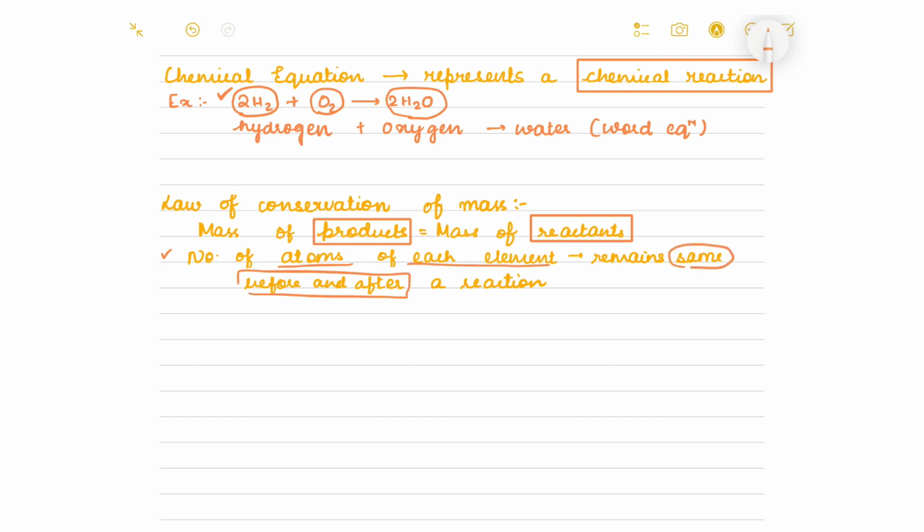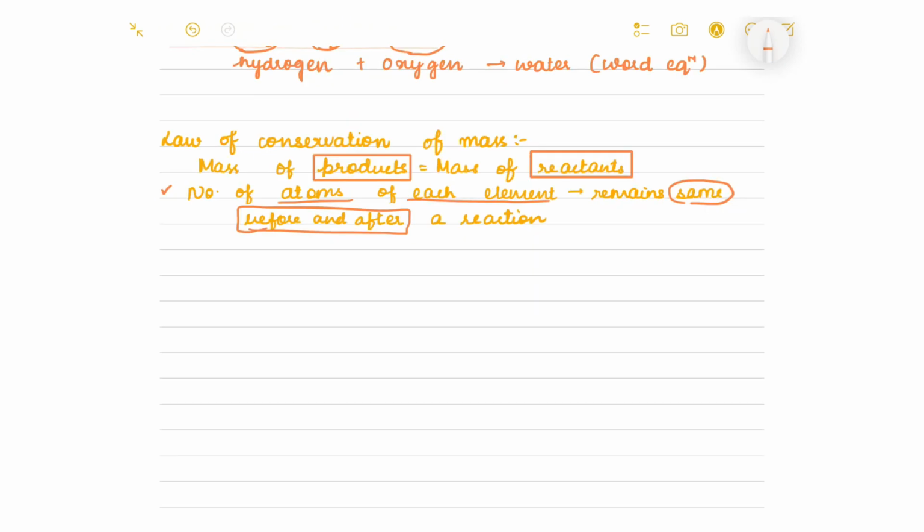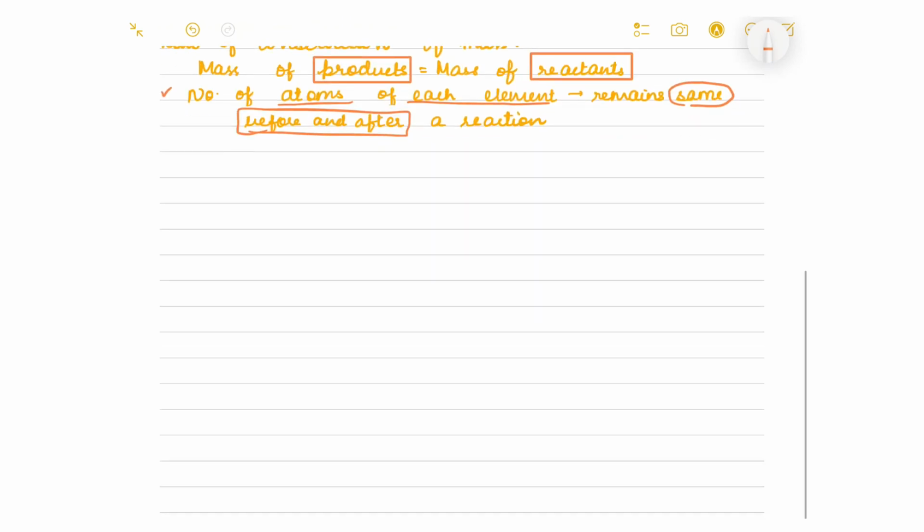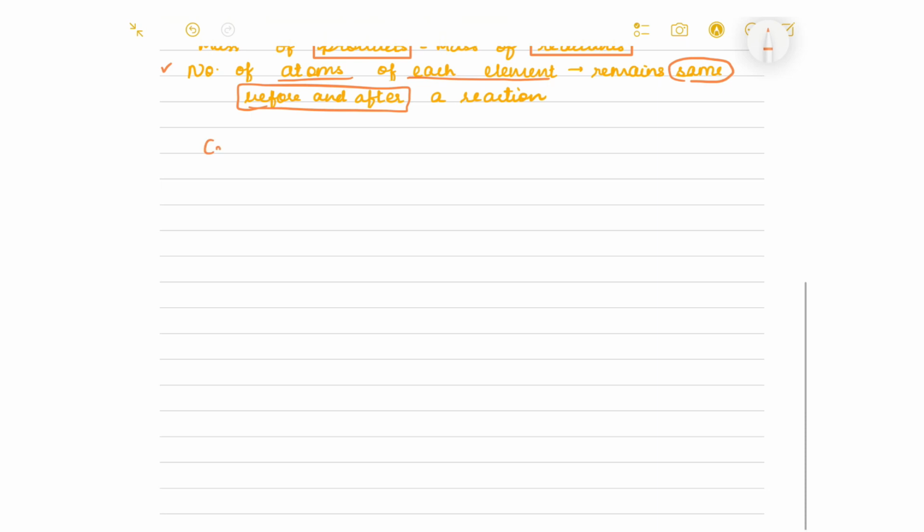Let us have a quick discussion on how to balance a chemical reaction. Suppose the reaction is C2H6 plus O2 gives rise to CO2 plus H2O. In the above equation, let us start balancing with that compound or that molecule which contains the maximum number of atoms.